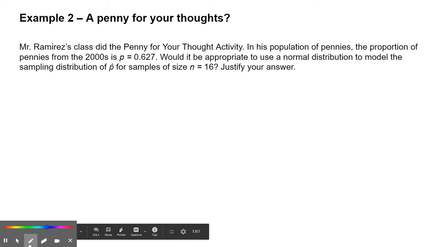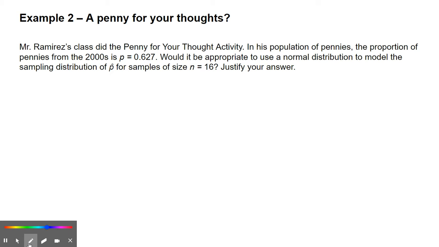Okay, so example 2, it says a penny for your thoughts. So Mr. Ramirez's class did the penny for your thoughts activity. And again, that was the activity I explained with some of the dot plots from the first video, in terms of I have a big jar of pennies. You're pulling out pennies, and in this case, they're looking for the proportion. So it says in his population of pennies, the proportion of pennies from the 2000s.